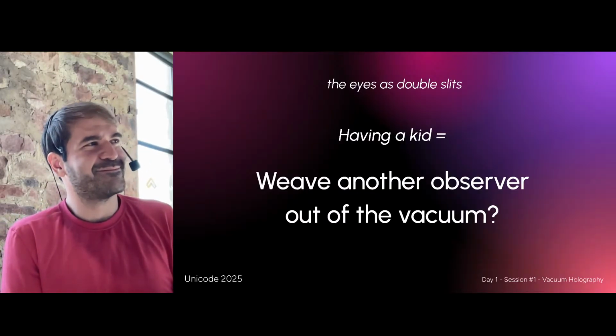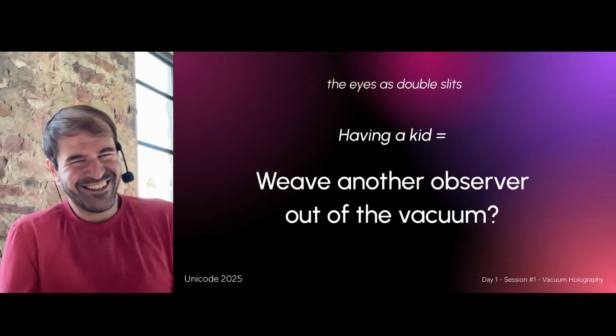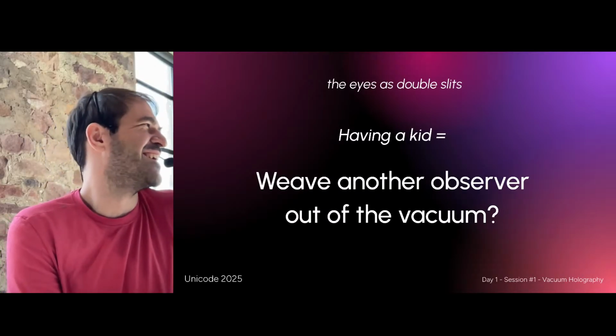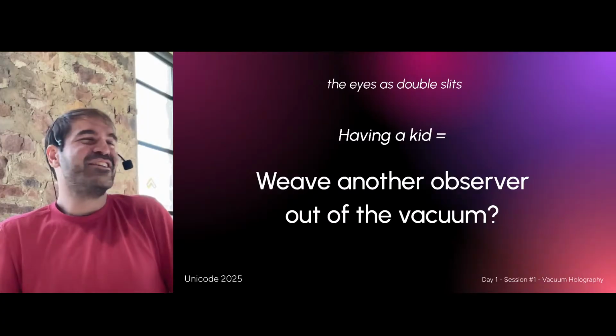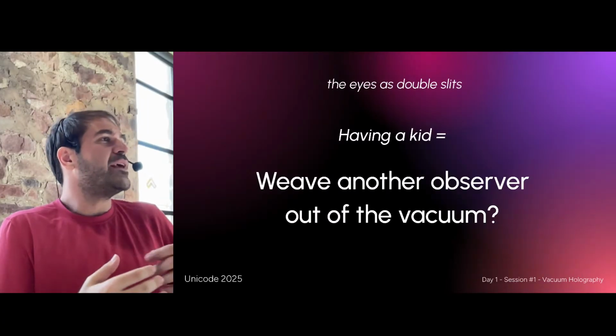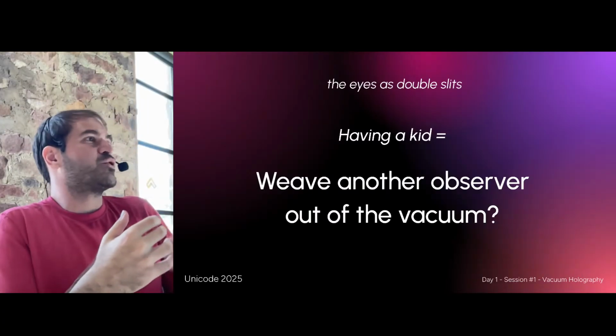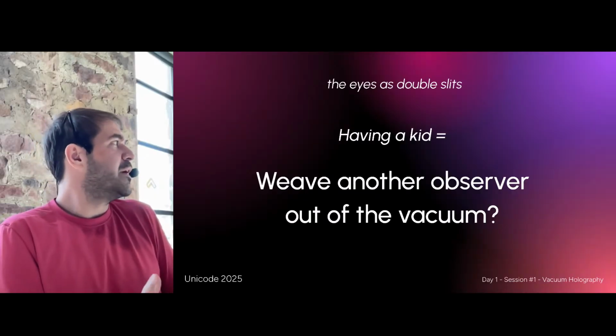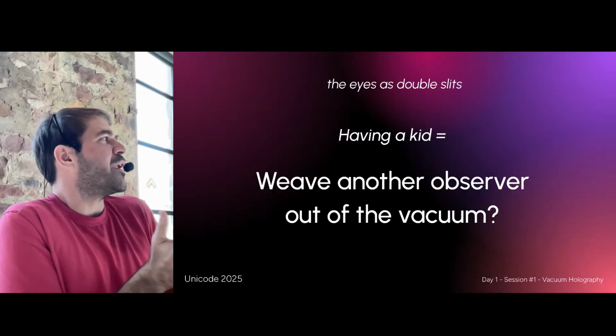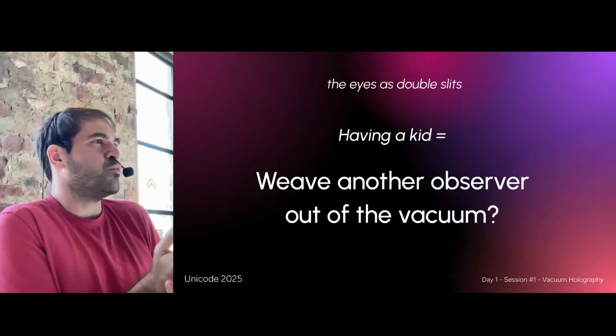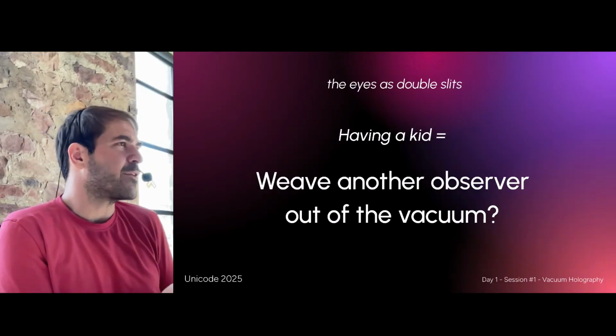Keeps you here. So instead of it being having some sort of positive or negative connotation, it is just what it is. It's just, do I want to weave another observer out of the vacuum?